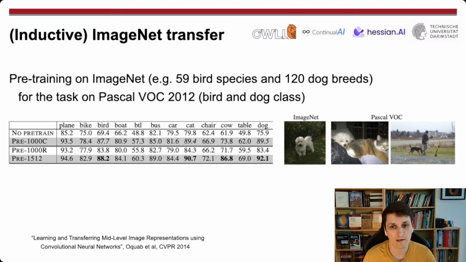Even for the plane class, it's 8%, but for something like bird, it's close to a 20% gain, which is a lot, and it comes at potentially, let's say, not a free cost, but a very low cost, which is why nowadays, if you look at common programming frameworks like PyTorch and TensorFlow, you'll find these model hubs commonly, or these large transformer models that come with pre-initialized weights that you can download that have been pre-trained on some tasks, with the promise that you can now take this and tune this to novel tasks.